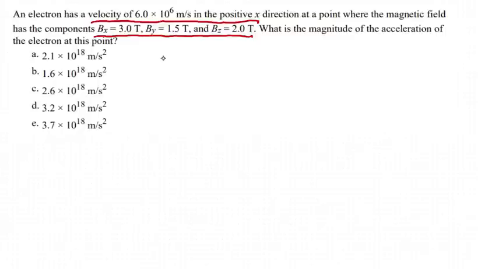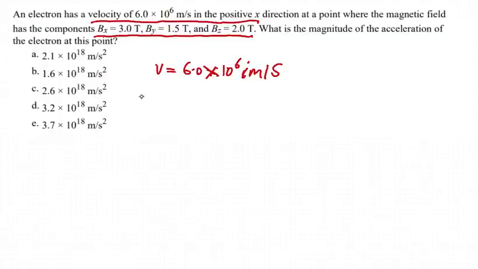We're given v to be equal to 6.0 times 10 power 6 meters per second, but we are not forgetting the x direction, so let's use i to indicate the direction in the x-axis.